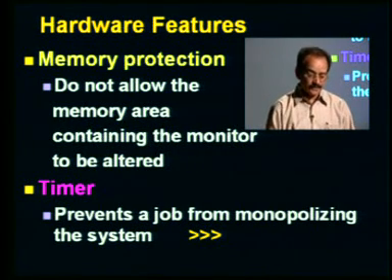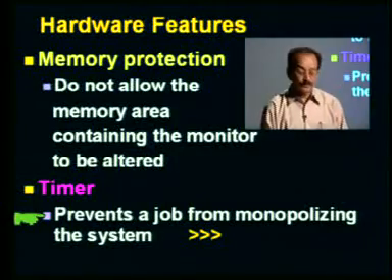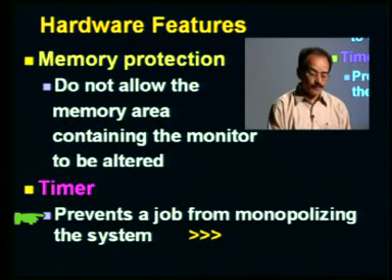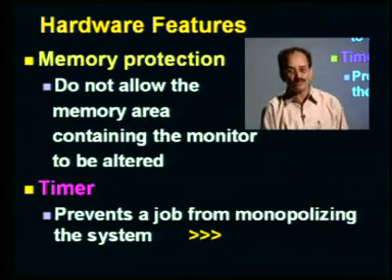Whatever memory areas have been allocated by the monitor, I will not alter them, and I must have some system through which I can protect against my system being monopolized by one job. So, this is what we have to see when we think of these sorts of systems.